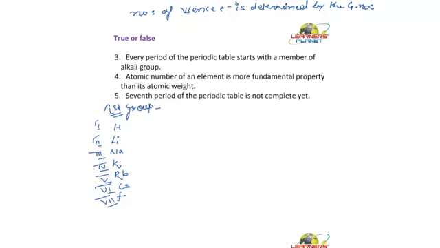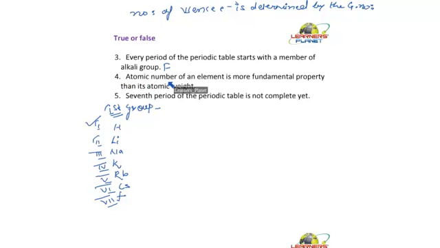This is wrong, or false. Got my point? Had the question been except the first period, every period starts with a member of the alkali group, then this question would have been true.